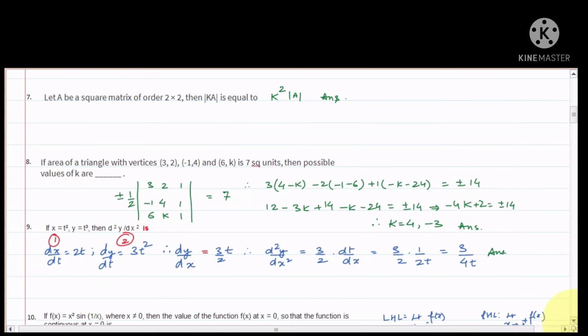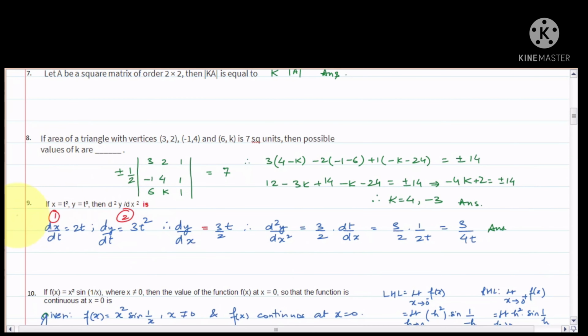Coming to question number 8, if the area of a triangle with vertices (3, 2), (-1, 4) and (6, k) is 7 square units, then the possible values of k are? Using the determinant, (3, 2) can be written as 3, 2, 1; (-1, 4) as -1, 4, 1; and (6, k) as 6, k, 1.